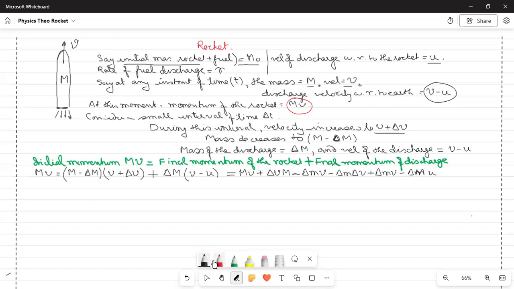Now here, this del m into del v term is ignored because you have done it in differential calculus or any applied mathematics: when you have a multiplication of two infinitesimally small elements, you can ignore it.